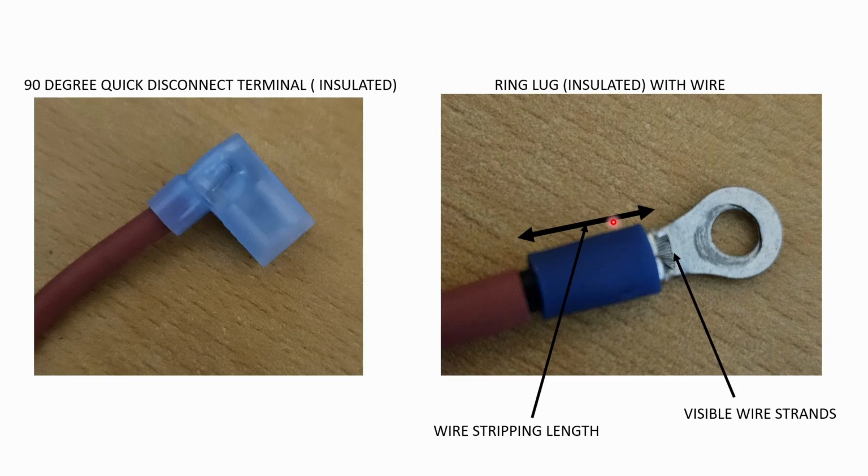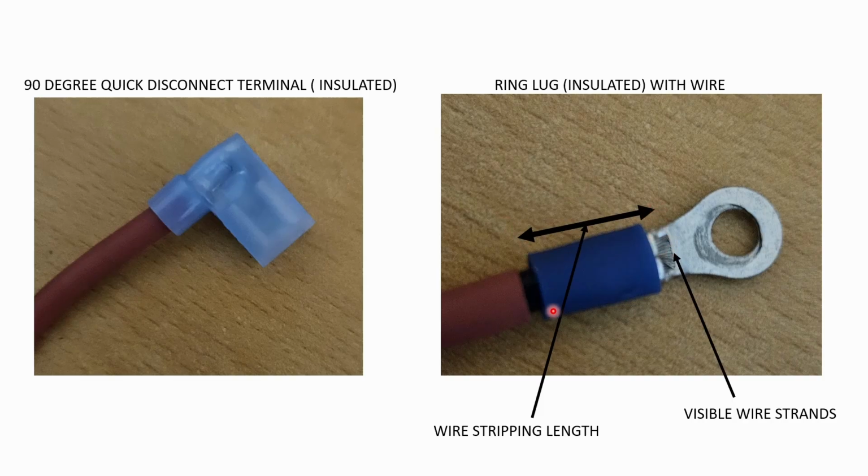As you can see in this picture, there is a ring lug. It is called ring due to this surface, and this is the wire inserted into it. So the wire stripping length is given as here.